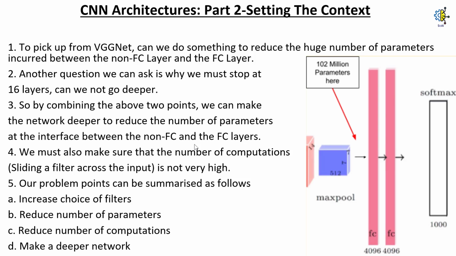So by combining the above 2 points, we can make the network deeper to reduce the number of parameters at the interface between the non-FC and the FC layers. We must also make sure that the number of computations is not very high. Our problem points can be summarized as follows. Increase choice of filters, reduce number of parameters, reduce number of computations, and make a deeper network.